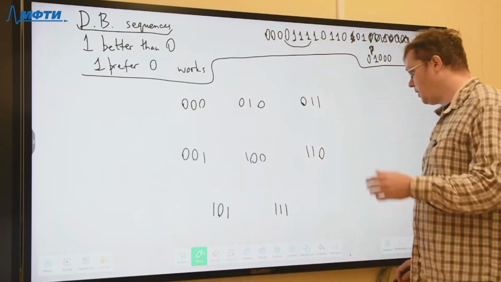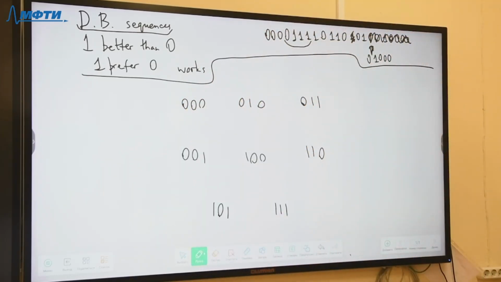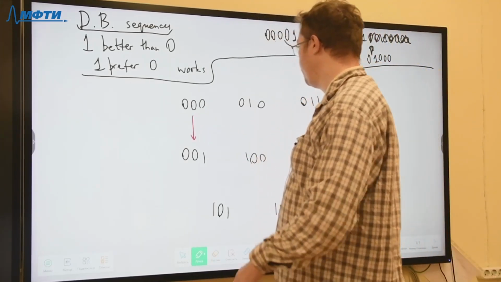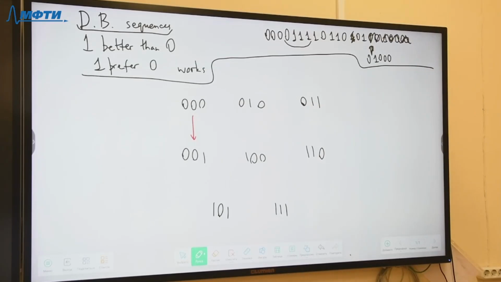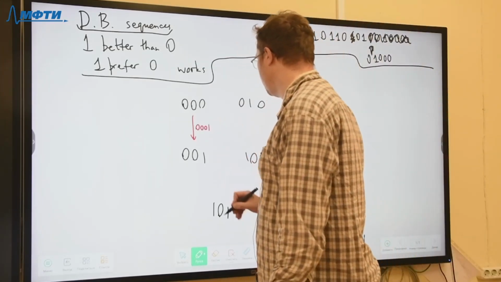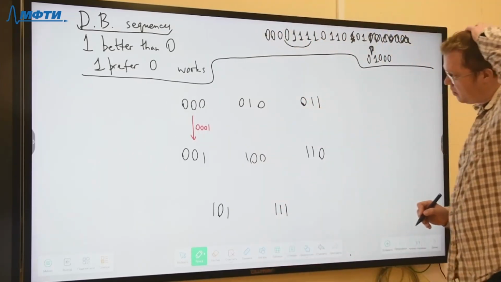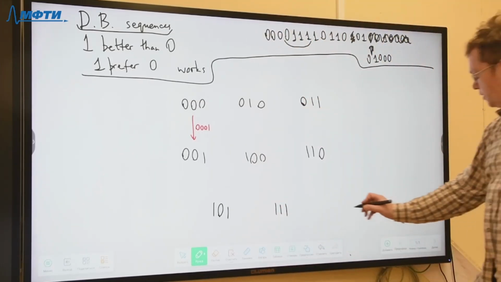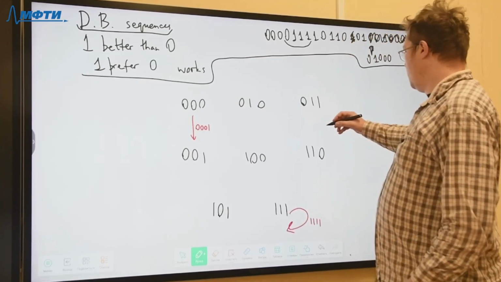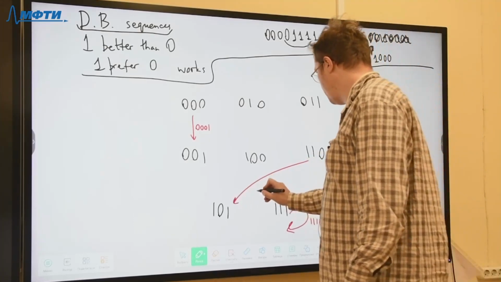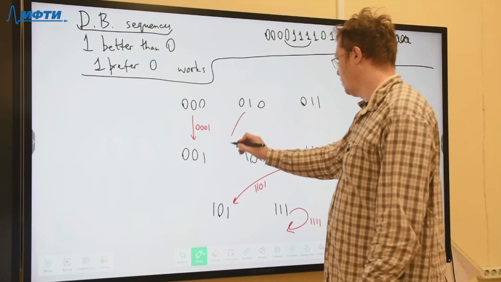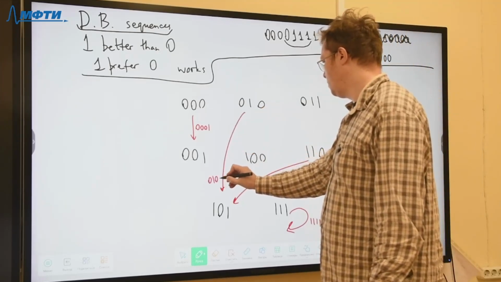I wrote different edges. The red edge is when we add the element 1. So here, for example, we have 0, 0, 0, 1. And the other edges will be green. 1, 1, 1, 1. 1, 1, 0, 1. 0, 1, 0, 1.